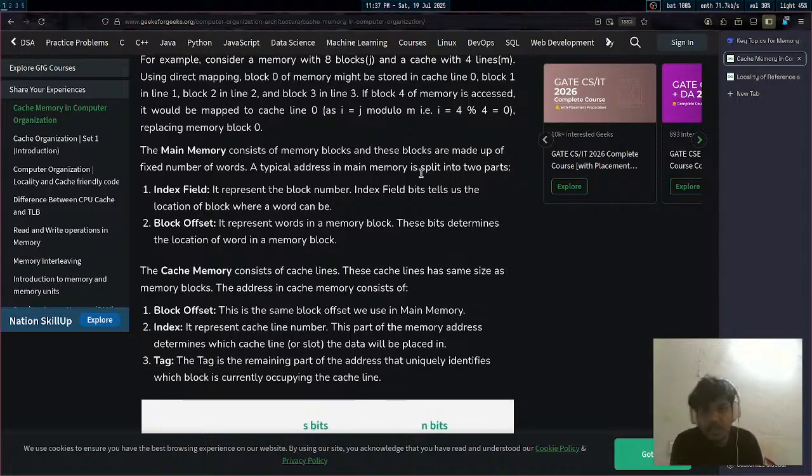A typical address in main memory is split into two parts. Index field, which represents the block number, and offset field, which tells us the location of the block where a word can be. Again, not really clear to me.